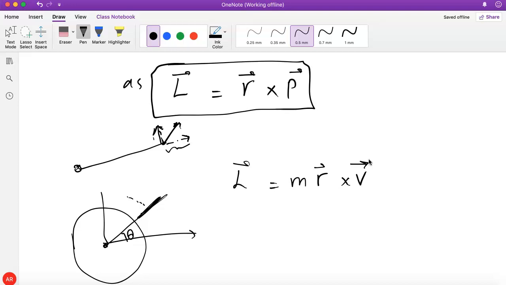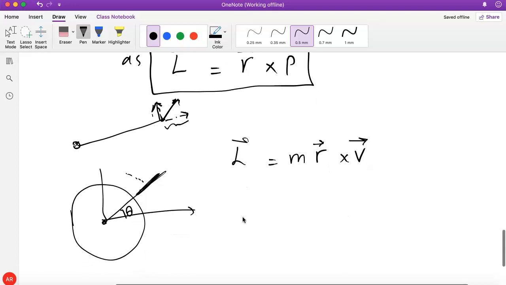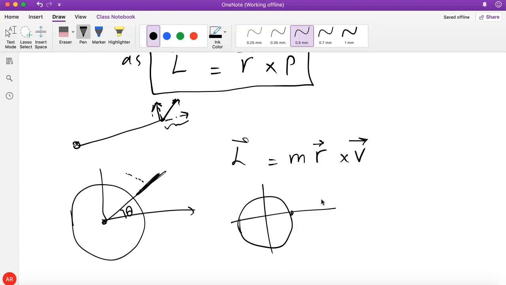And then, if you have perfect rotation, suppose you have a particle of mass m rotating around a perfect circle. We've already killed the radial component, so let's not worry about it.